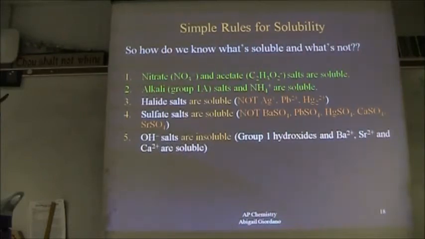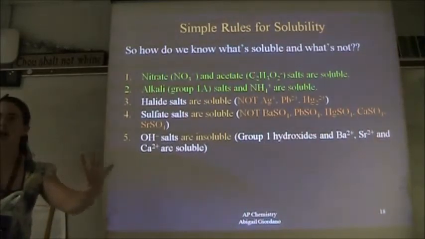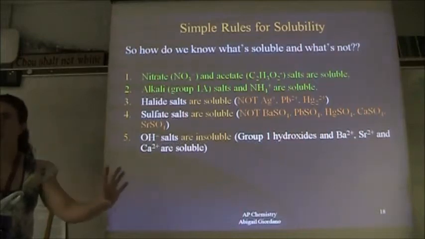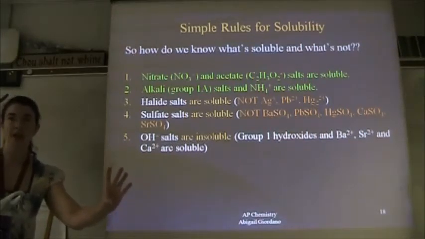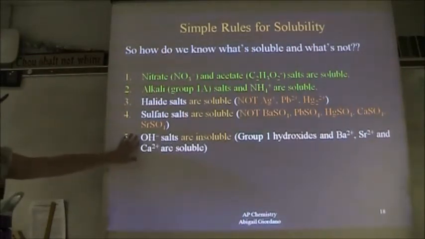What did that mean? Yeah, they completely ionize. And guys, we're making connections here. If it completely ionizes, doesn't that mean that it is soluble? Say yes. Yes. Okay. So this you actually already know.